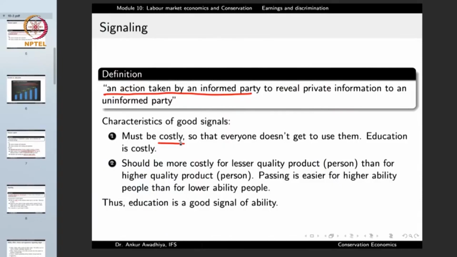And secondly, signaling will only work when it is something that should be more costly for the lesser quality product than for the higher quality product, which means that if there are two people, one listens to Jagjit Singh, the other listens to Kishore Kumar, then there is no difference between these two people in terms of their abilities.